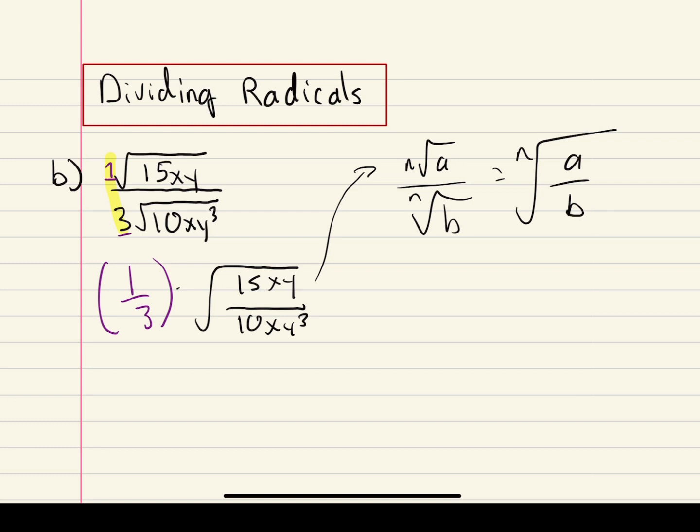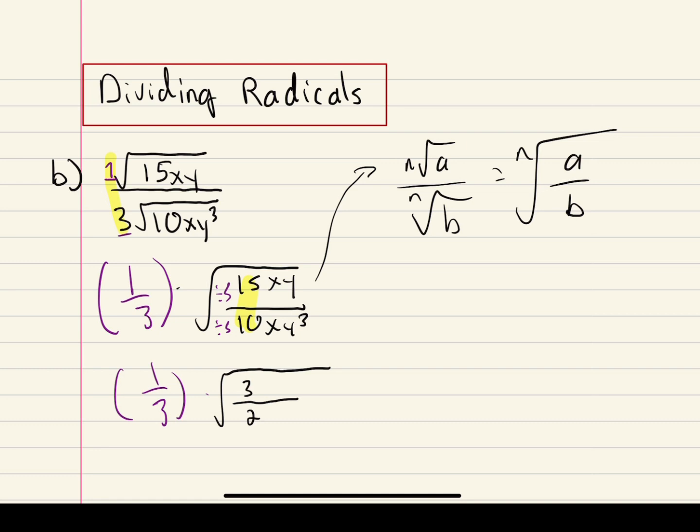Okay, so I'm doing that here. Now what I'm going to do is see if I can simplify all of these as much as possible, and I'm going to do one thing at a time. So the 15 and the 10, if I divide each of these by 5, then I can simplify this to 3 over 2. Now, the variables, again, it's just like you're dividing variables by variables.